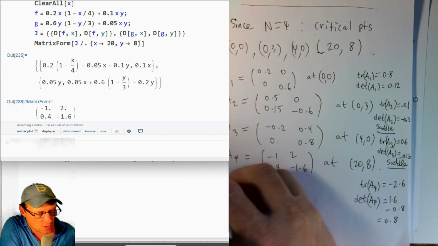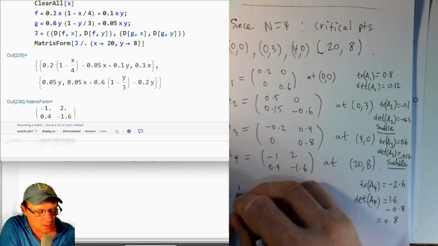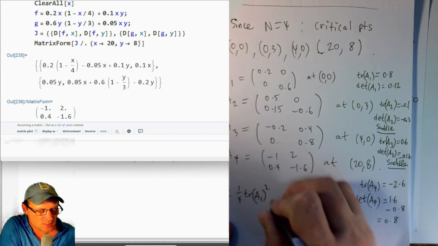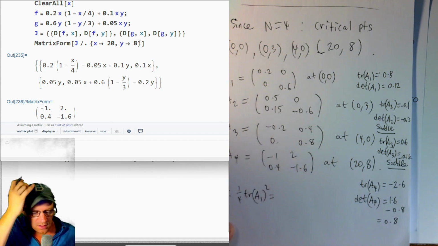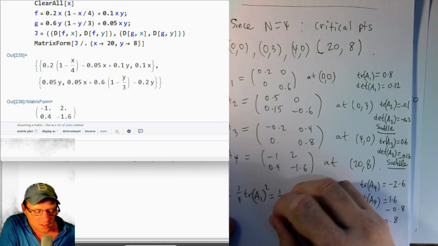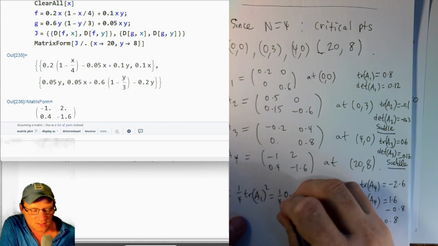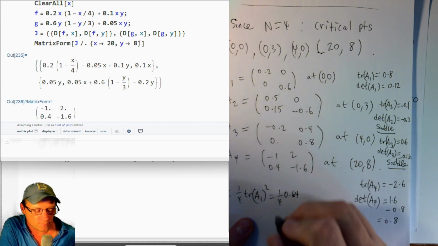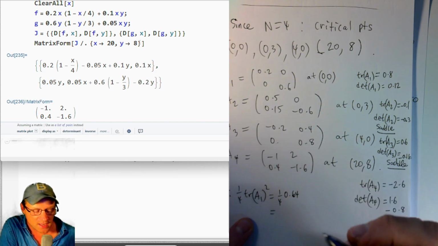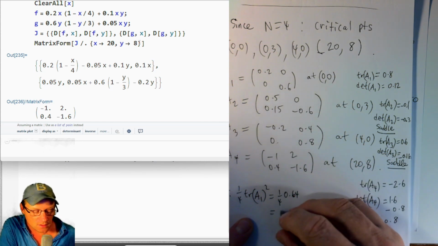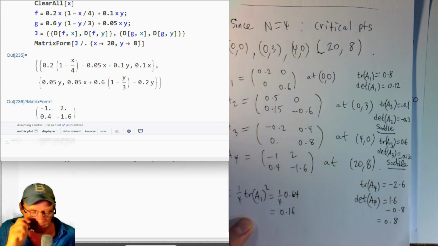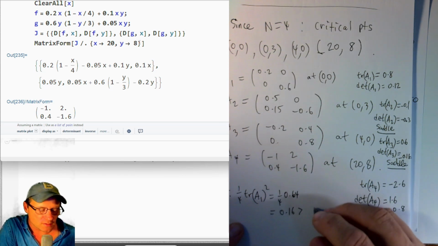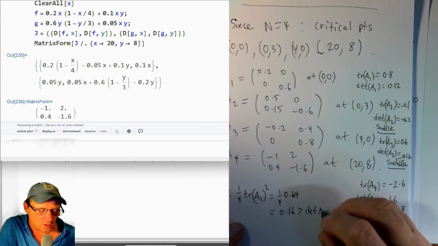So at 0, 0, 1/4 the trace of A1 squared is equal to 1/4 of 0.64. And so that should be 0.16, which is the greater one than the determinant of A1.